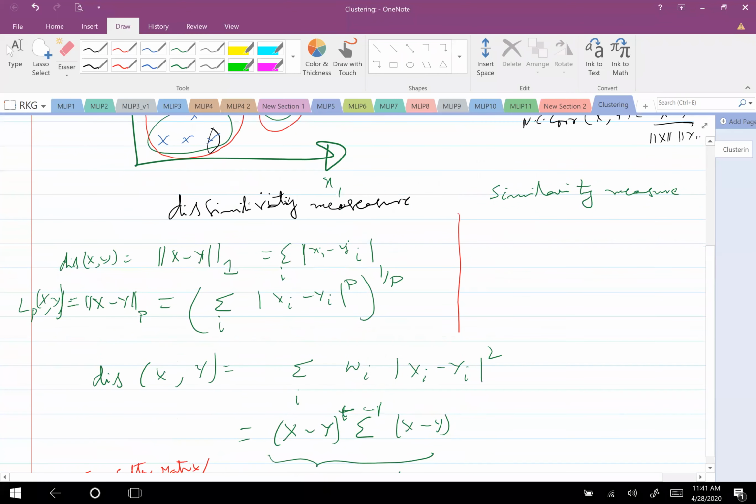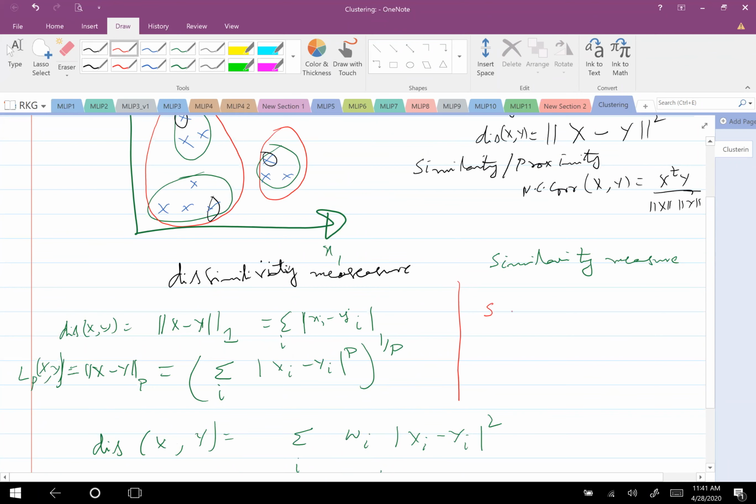Now we'll come to some of the similarity measures. One similarity measure we already discussed, that is the normalized cross correlation. Another similarity measure people use in clustering is referred to as the Tanimoto measure.